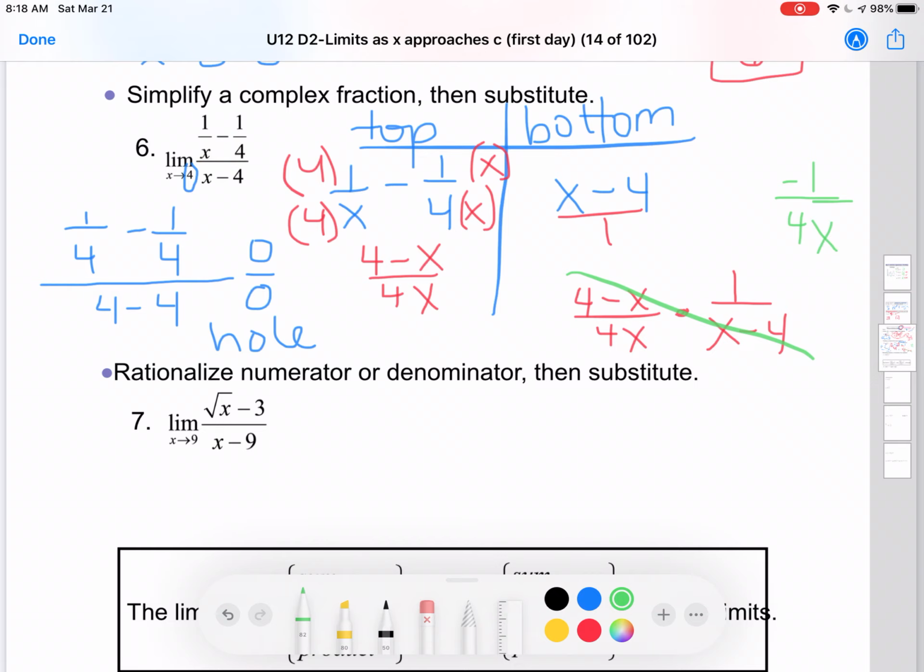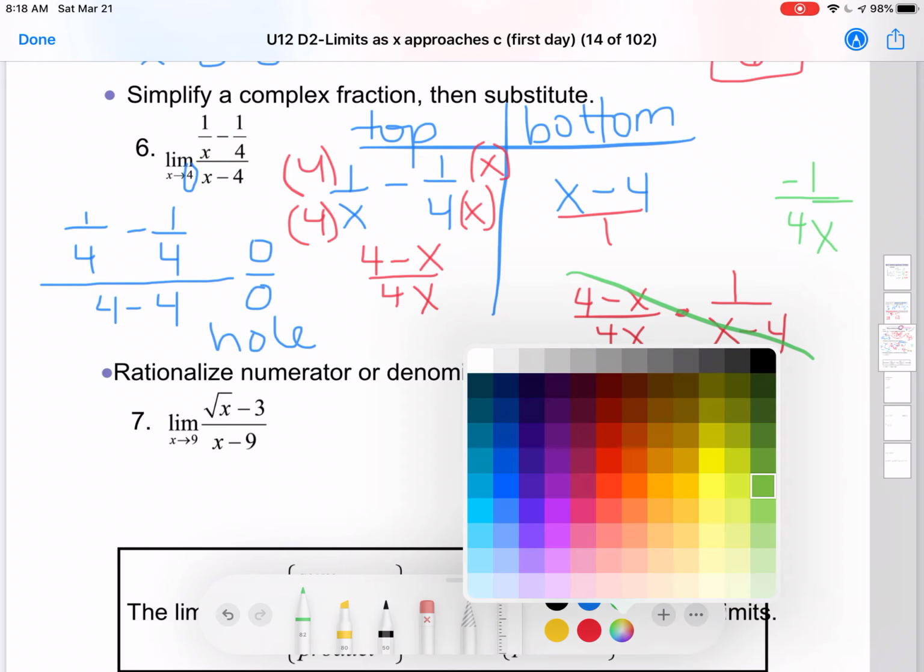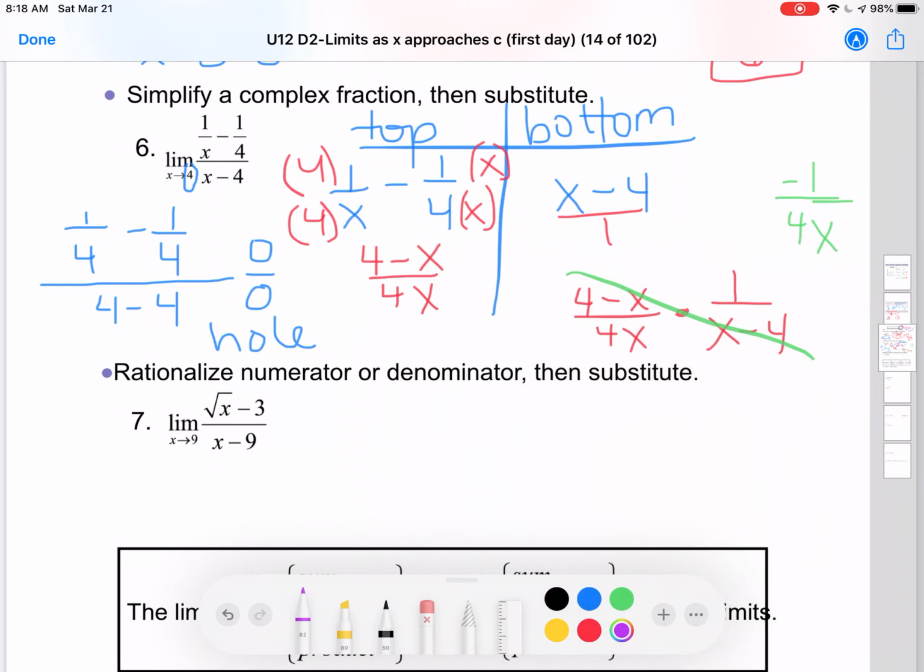Once you're simplified, now we go back and take that value and plug it in. So we have -1 over 4 times 4, so 16. So the limit, as x approaches 4 for that function, is -1 over 16.